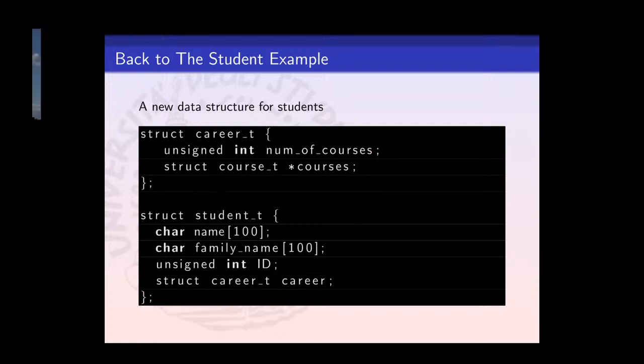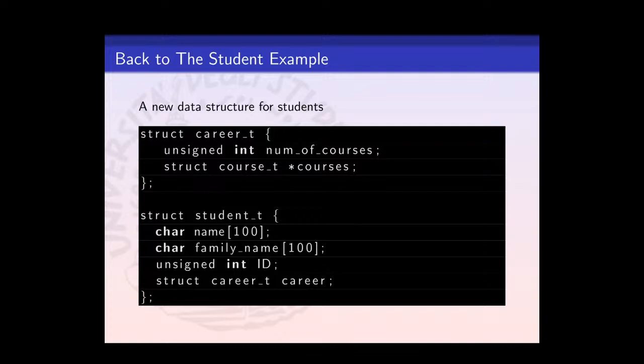Each student will have a name, and here I must assume that 100 characters are enough to represent any possible first name for any possible student in my university, well, in any university actually. We will have a second member, which is family name. Again, here we are assuming that 100 characters are enough to represent any possible surname for any possible student.